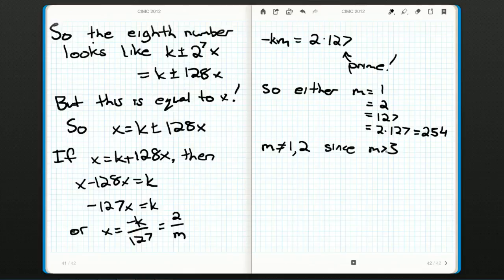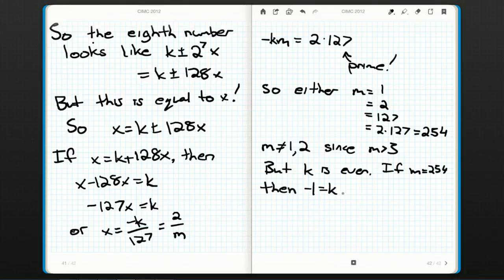Okay? So either m is 127 or m is 254. So if m is 254, well, then there's nothing left for k to be other than minus 1 here. So m could be 127.